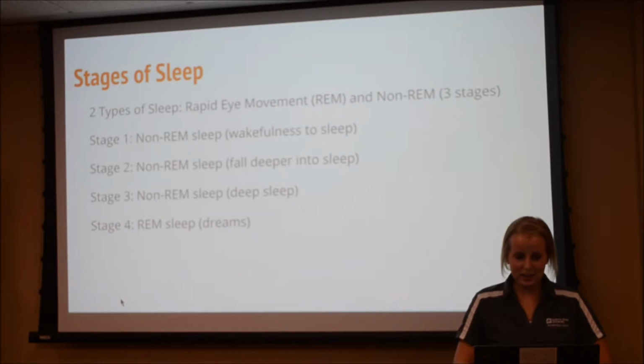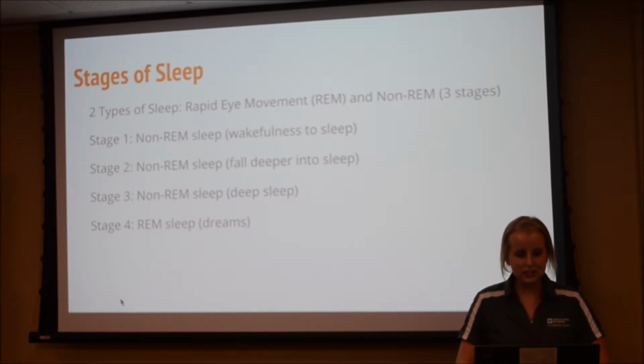To begin, in stage 1, the person goes from a state of wakefulness to a state of sleep in a matter of several minutes. This stage is considered very light sleep, and there are decreases in bodily functions such as slowing of heartbeat, breathing, eye movements, and brain waves, and the muscles begin to relax.